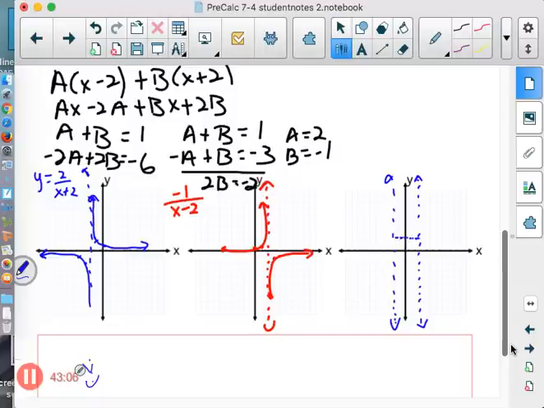Now, normally we take the time to make tables and all of that, but let's just grab the graphing calculator so that we can get this in and see what it looks like. Don't forget to use parentheses for the numerator and then parentheses for the denominator.